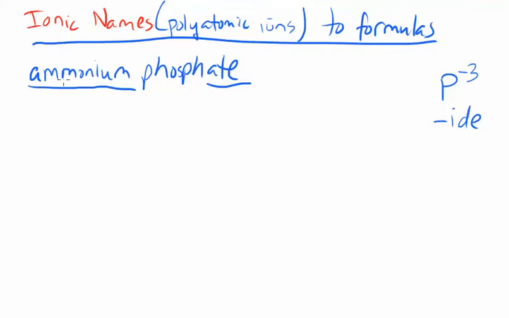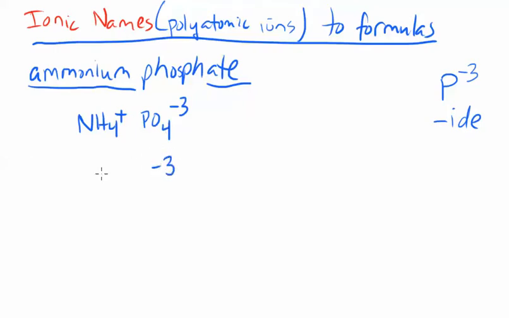So to write the formula, let's write down the positive ion. And then let's write down the negative ion. So you look on your ion sheet and you see phosphate is PO4 negative 3.